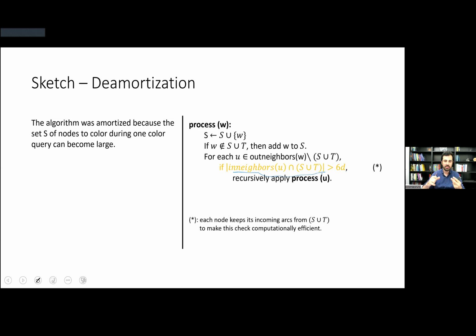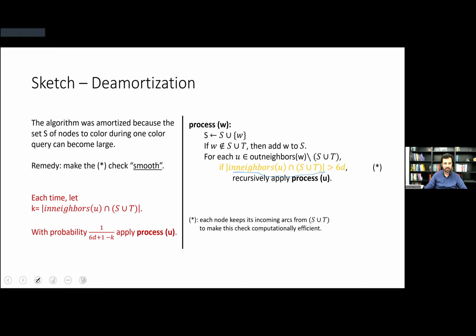Maybe after a few queries, a lot of vertices are right at the edge of this threshold, and then you make one more query, and I end up going and checking each of them, putting them in the set S. So I might end up generating a large set S. We would like to avoid that. We would like the set S that I generate in the course of every query to be small.